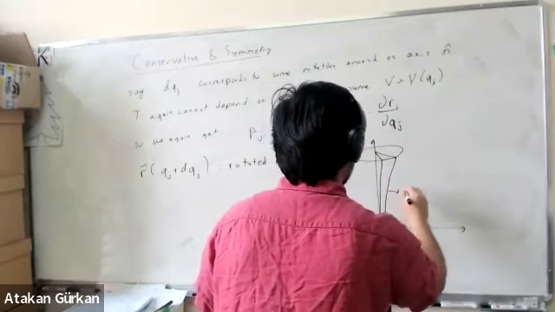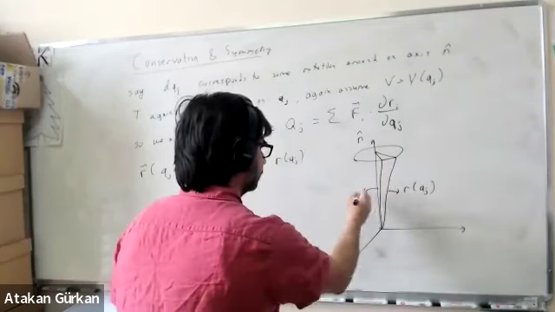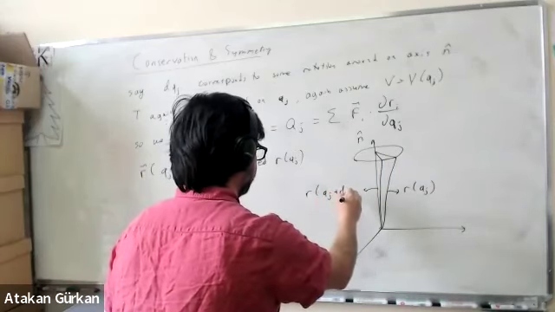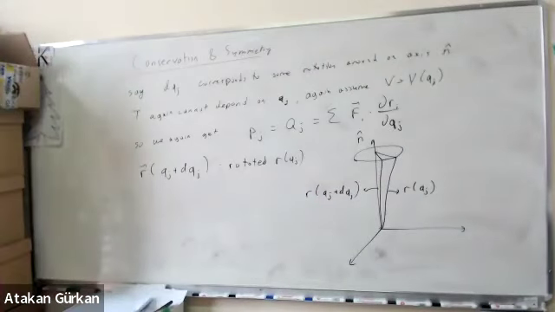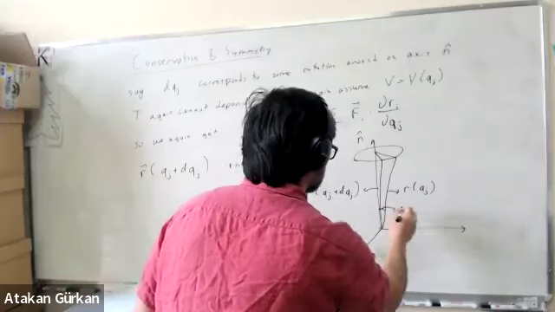So this is my r of q_j, and this one is my r of q_j plus dq_j. So they are moving on a circle. And so there's going to be some angle for all the points on the circle, theta.